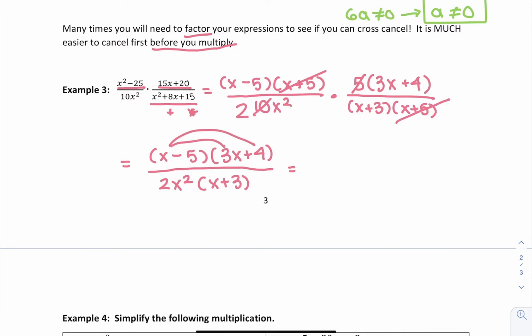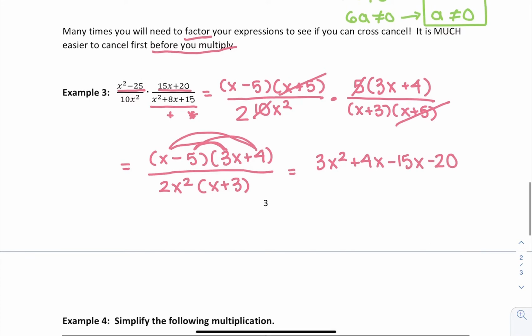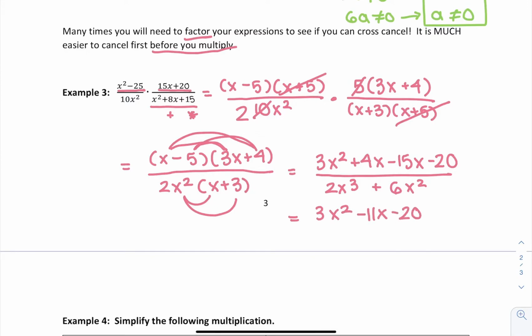So I will get 3x squared plus 4x minus 15x minus 20, all over 2x squared times x, which is 2x cubed, plus 6x squared. And lastly, I'll combine like terms: 3x squared minus 11x minus 20 all over 2x cubed plus 6x squared. And there's my answer, but I'm just going to make sure I state the excluded values.